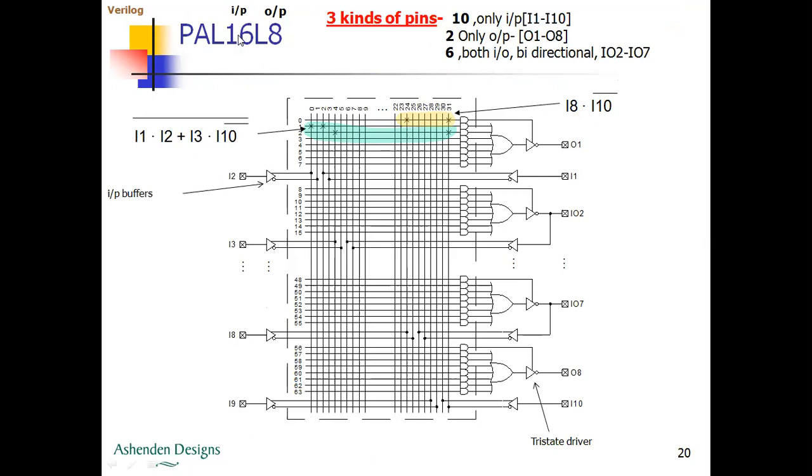As you know, we have 16 inputs and 8 outputs. Whatever diagram we are seeing inside this hashed box, we call it the programmable grid. This programmable grid has 32 vertical lines, from 0 to 31, as you can see here, 0, 1, 2, 3 up to 31.